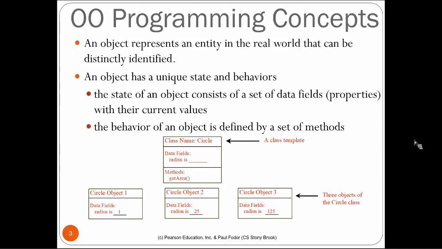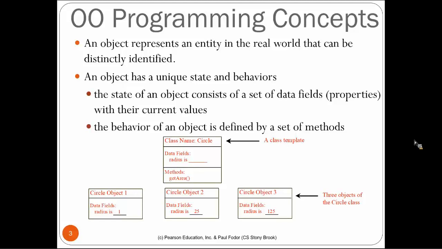For instance, what's the age of the phone? How many years I had the phone? Each one of my phones, and so on. So the state of the object is given by a set of data fields or properties with their current value. Like for instance, if I build a graphical user interface like a paint application, I would have multiple circles.